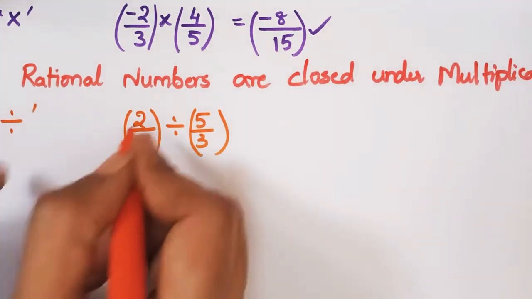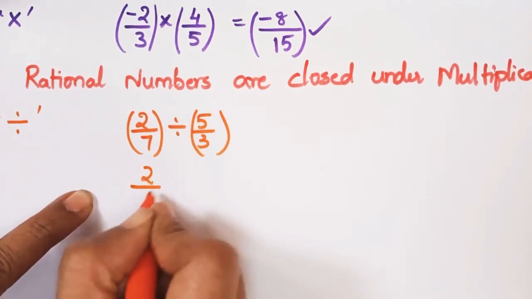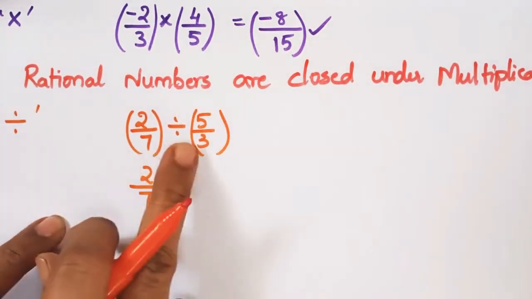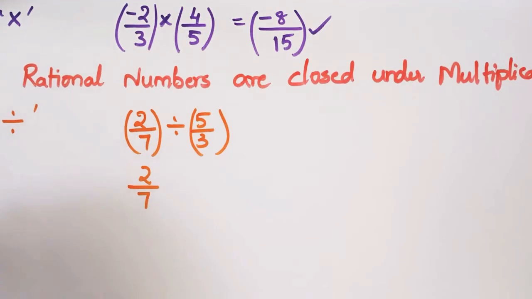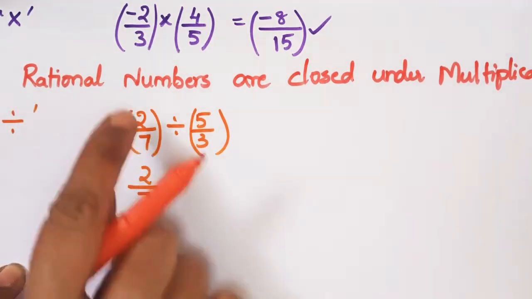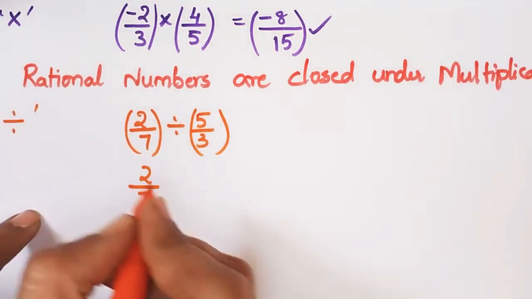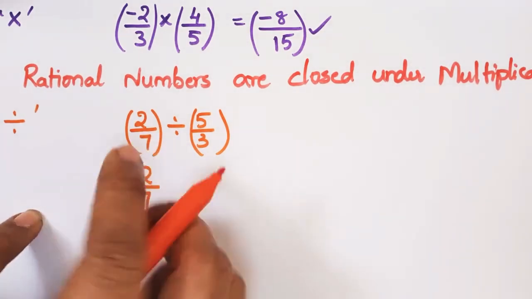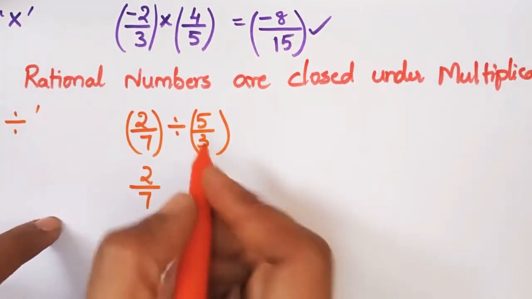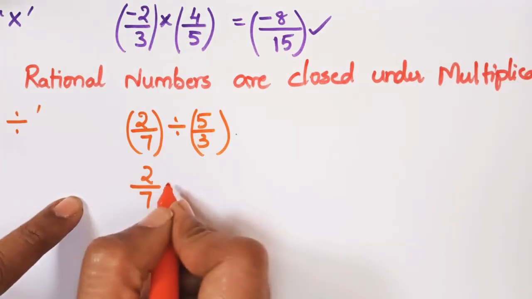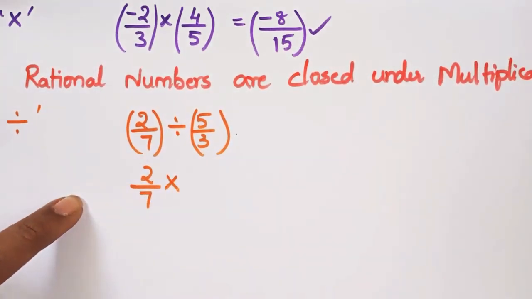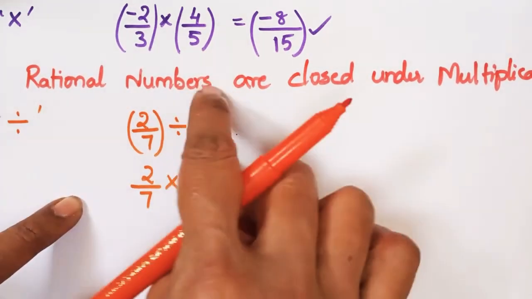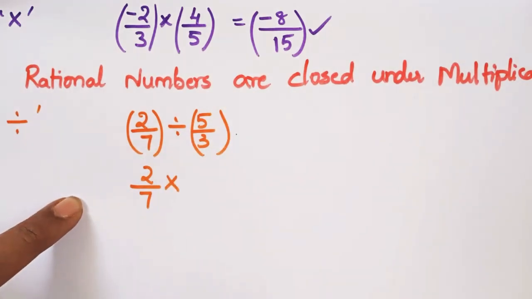Observe carefully. The first number you can write as it is. While dividing, the first rational number we keep as it is, and then we change this operator into multiplication and we take the reciprocal of the second one. Just like in fractions.